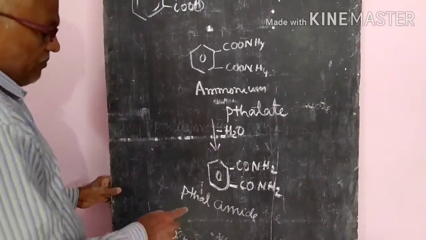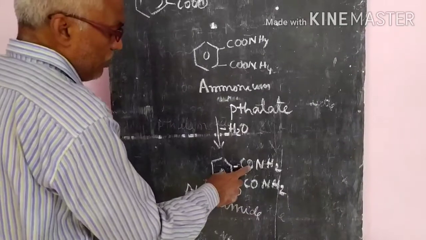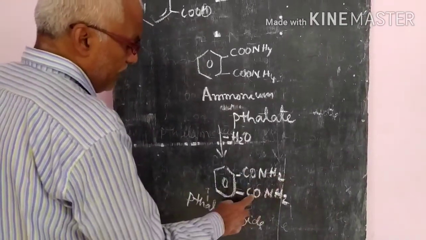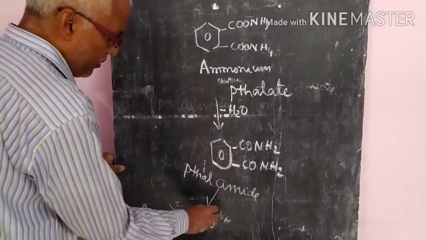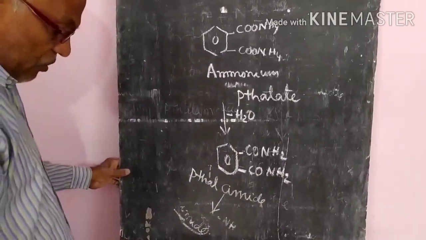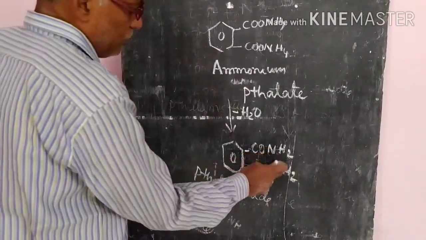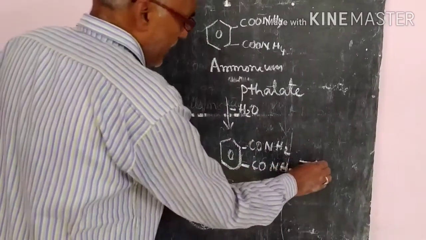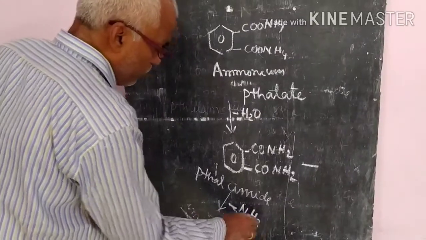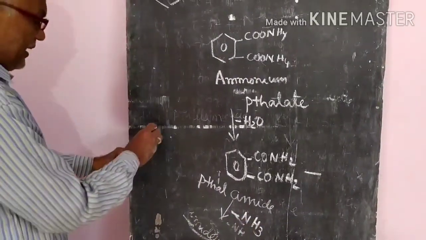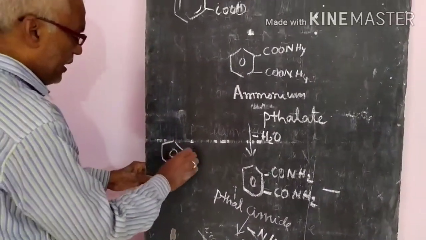Further, what will happen? This C double bond O NH2 is there. If you heat further, out of this NH2, NH2, NH3 will be removed, minus NH3, and you will get a compound with a structure like this.